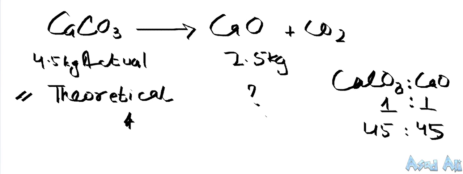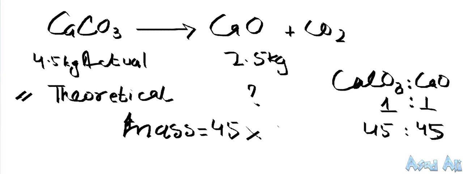Now for the mass of 45 moles of quicklime, the molecular mass of quicklime is 56.